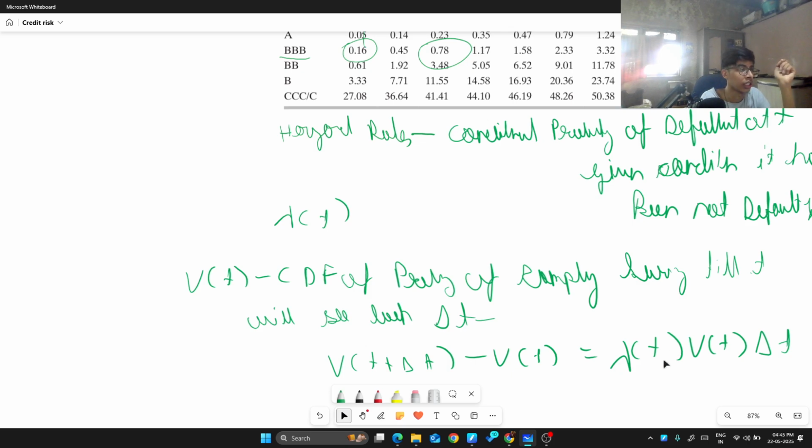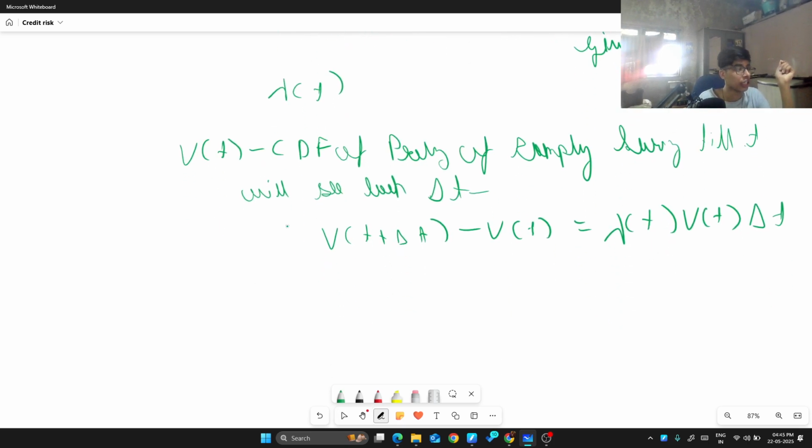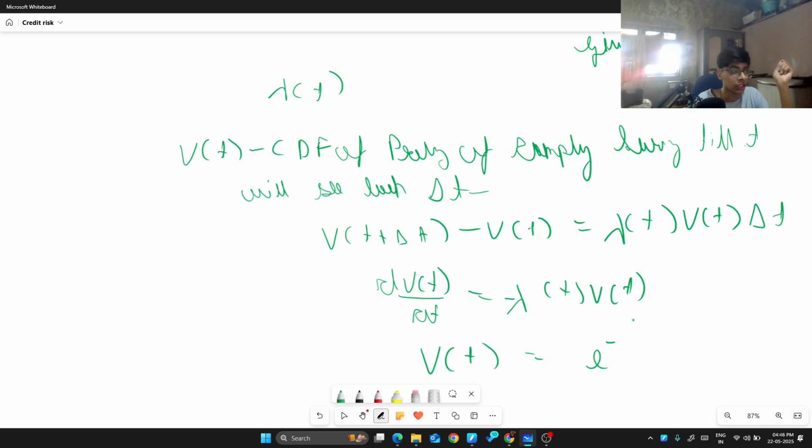In derivative form, dV(t)/dt equals minus lambda(t)V(t). After that we can find the survival probability as the exponential of the integral over tau of lambda(tau) from 0 to t.